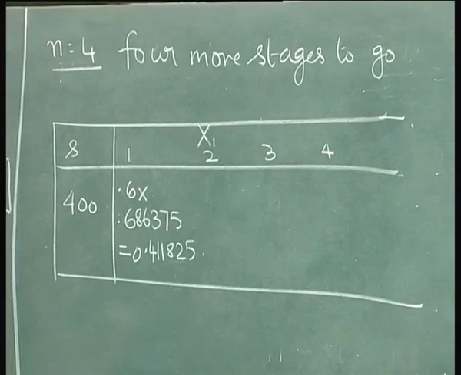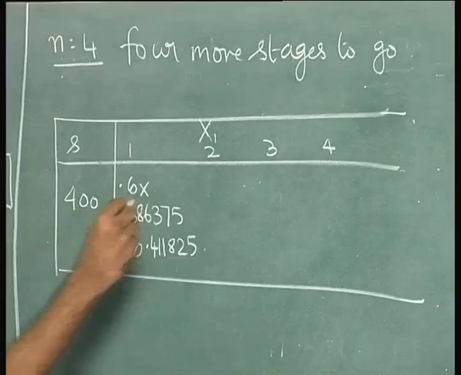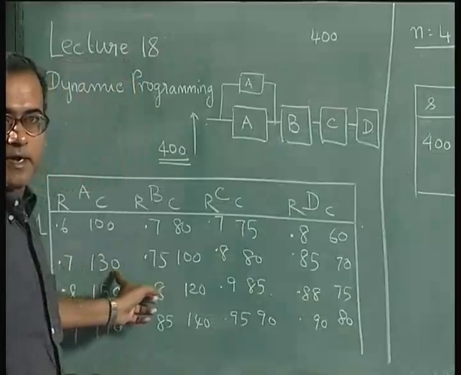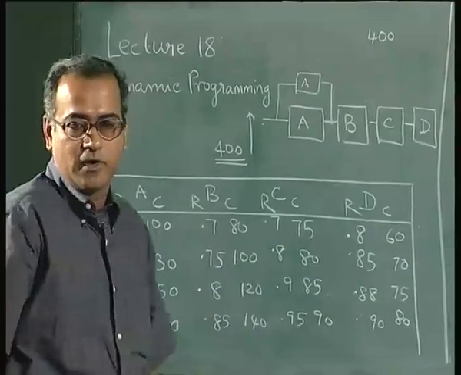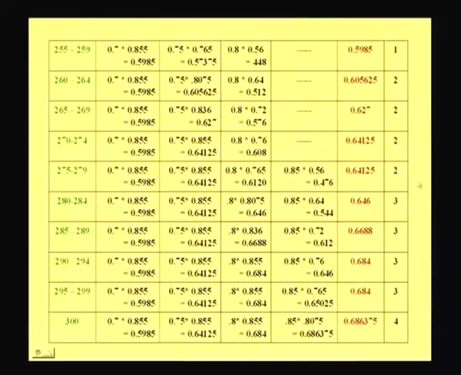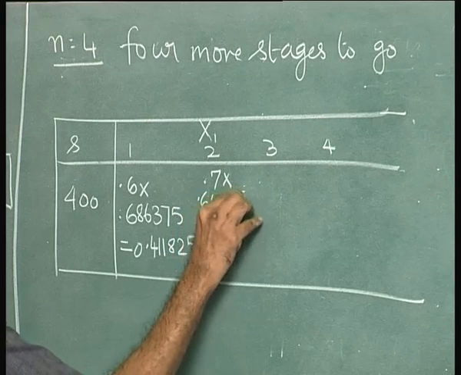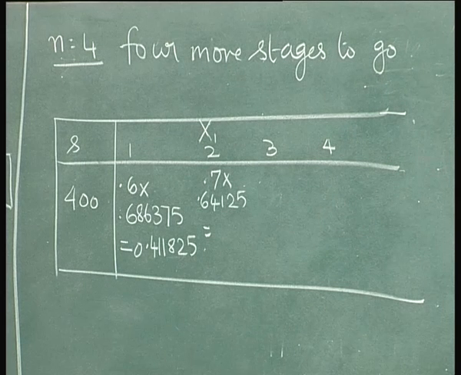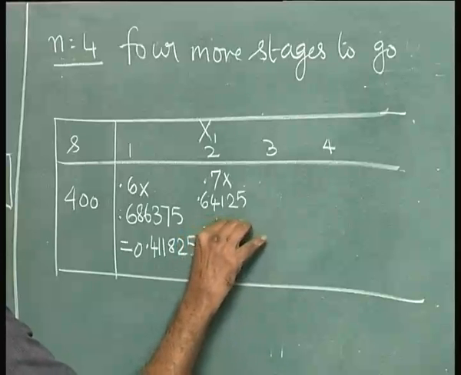Now we can consider x1 equal to 2, and we get a reliability of 0.7. Then out of the 400 we spend 130, so we have a balance of 270, and for 270 from the previous table we would get 0.64125, and when we multiply these two, 0.7 into 0.64125, we would get 0.448875.